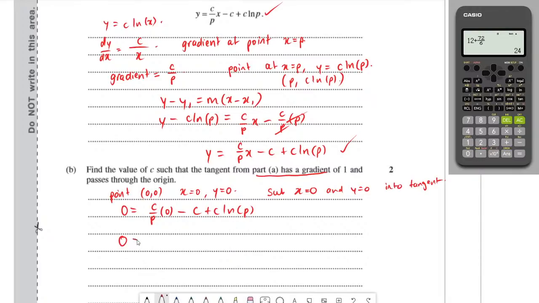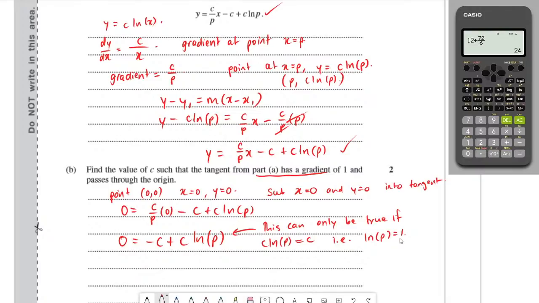In other words, 0 is equal to minus c plus c log of p. The only way for this to be true is if c log of p is equal to c, i.e. if log of p is equal to 1.